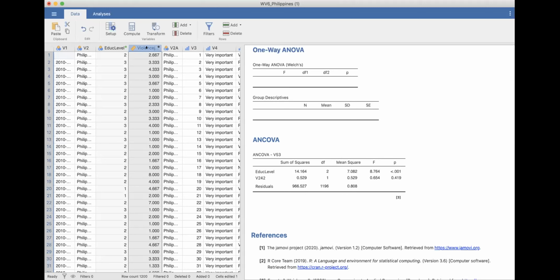So halimbawa, meron kayong subscales na na-discover, pero hindi lahat ng subscales ninyo reliable. Di ba? May ganon. Pumili na lang kayo ng isang subscale na reliable din. Tapos use that as your main DV for the exercise. Okay?